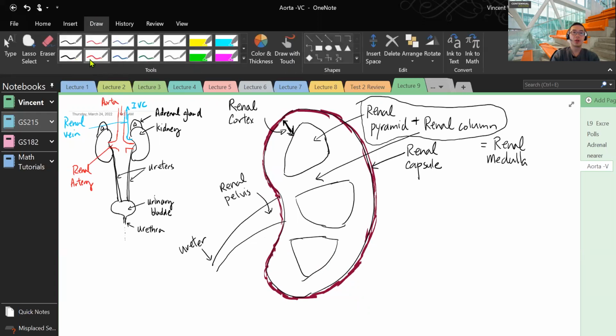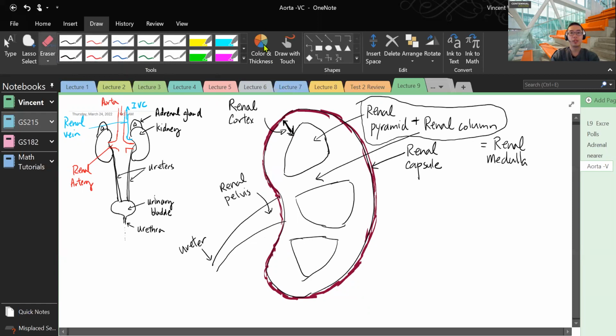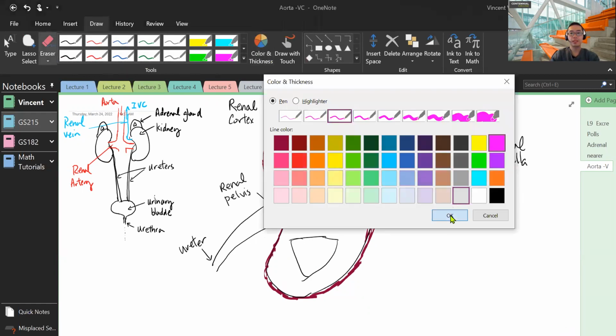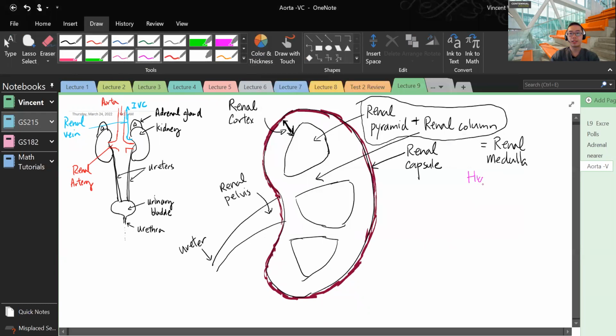What's important to know is that the renal medulla has higher osmolarity, while the cortex has lower osmolarity. It's saltier on the inside than it is outside. And that is important in terms of how the kidney works. We'll talk more about it later.